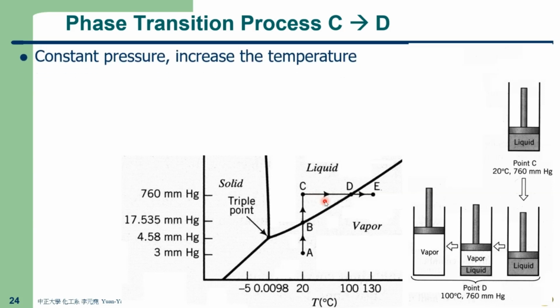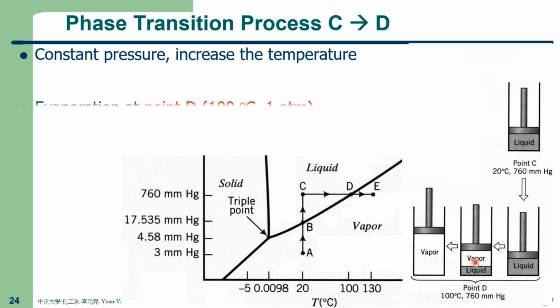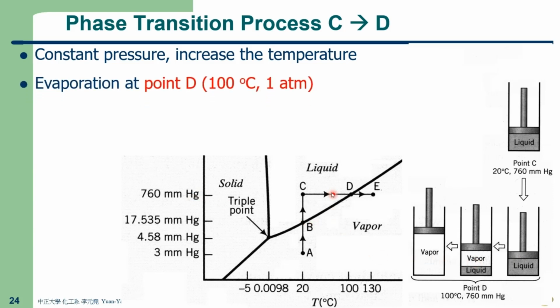Then as the temperature increases, the first H2O vapor will come out, and you will reach D. If you increase the temperature, more liquid will become vapor, until all the water becomes vapor at point D. We'll stay here. So this is C to D.